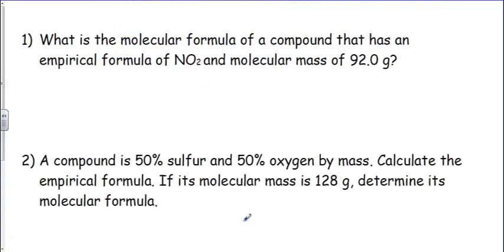Number 1 says, what is the molecular formula of a compound that has an empirical formula of NO2 and a molecular mass of 92.0 grams? Let's look at our steps. We're not given percentages, so we're going to go straight to step 2.